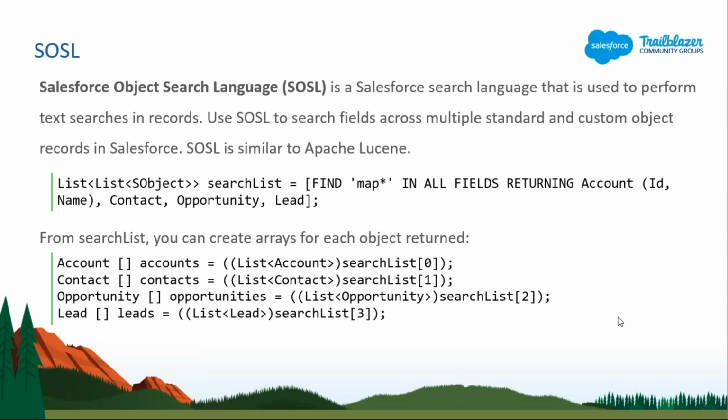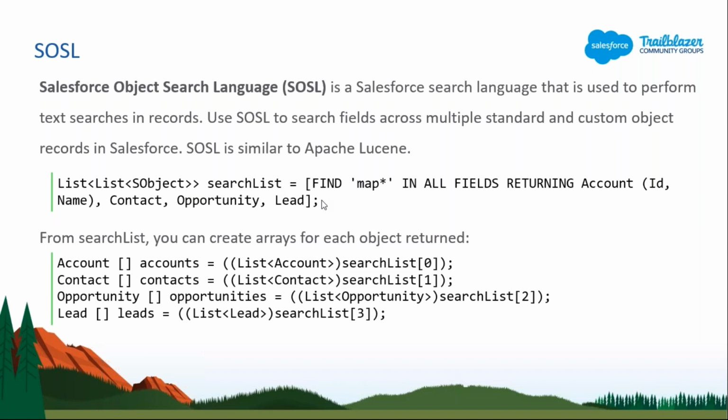It will search particular text which you provide, across all the database. SOSL is similar to that, it will search across all the database inside Salesforce, and it will return a list of objects. So the return type of SOSL is a list of objects.